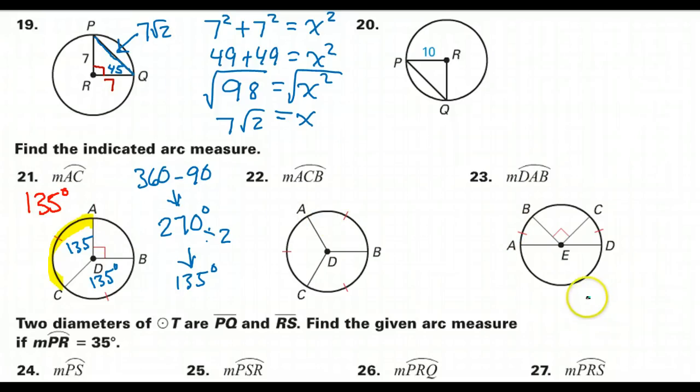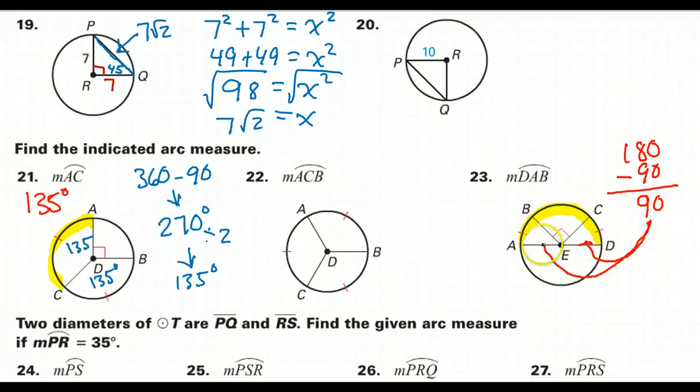So skipping to 23, because I'm doing all the odds, it's almost the same thing, but we're starting from just this total of 180 degrees. Everything over here is part of this semicircle, so I know that's 180 degrees. If I start with 180 degrees and take away the 90, that leaves me with 90 to be shared equally between this side and this side.